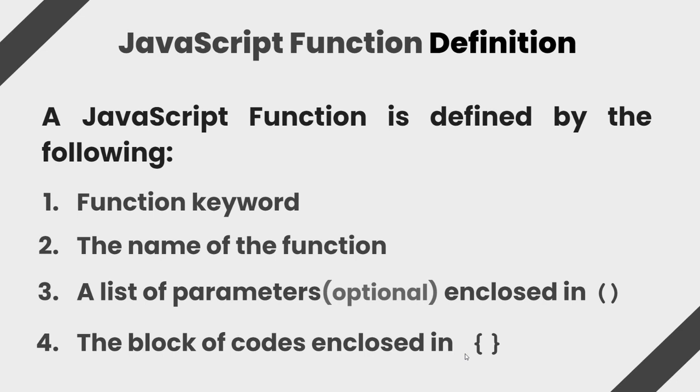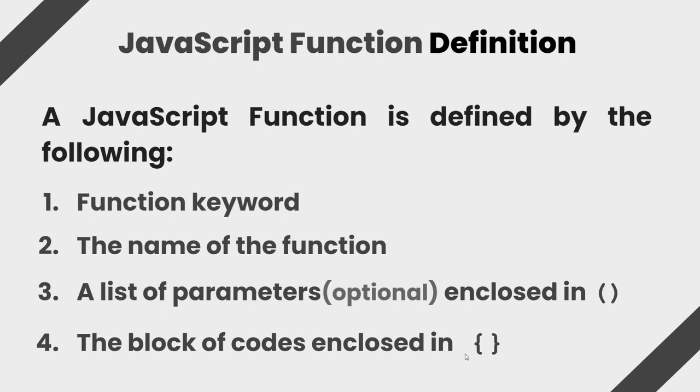So next we have the JavaScript function definition. So far so good. We've learnt about variable declaration and definition, object declaration and definition. We've also learnt about arrays and others. Now we are focusing on functions. To define a JavaScript function, the following items that you see on the screen are very, very important pieces of this definition.